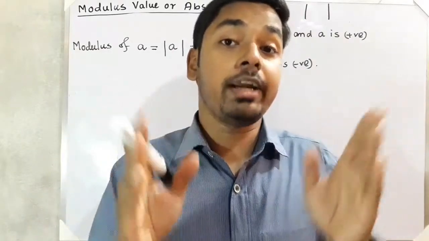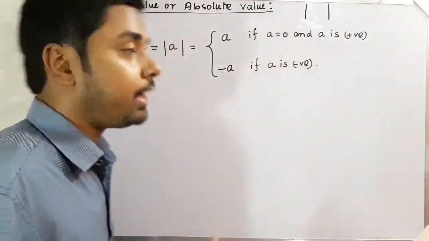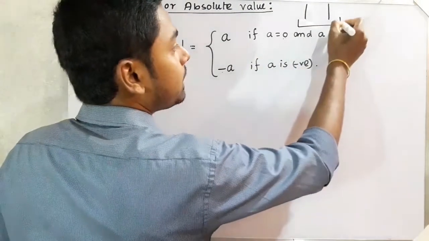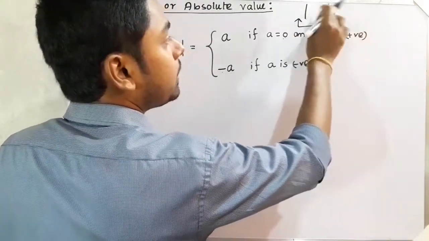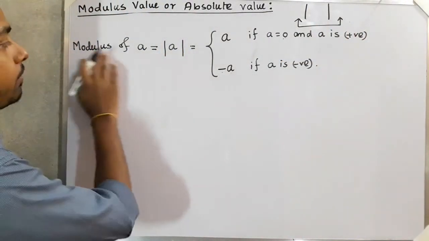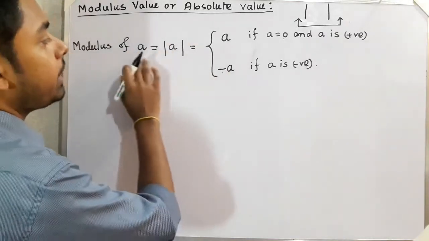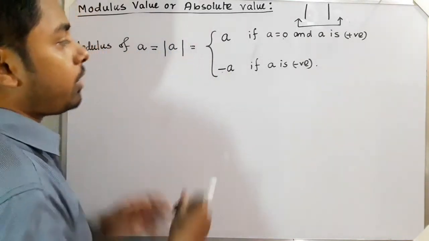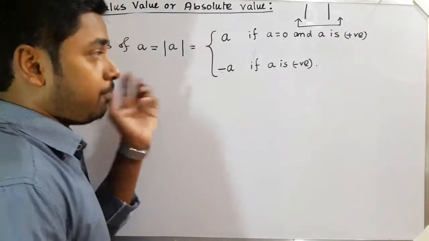Now how to find out the modulus value of the integer? So first of all we denote the modulus value by this notation. Suppose I have to write modulus of a, then we will write like this, modulus of a. Okay, and what is the value of modulus of a?